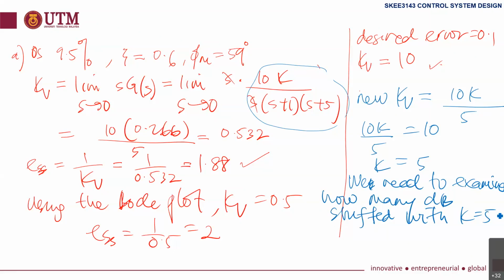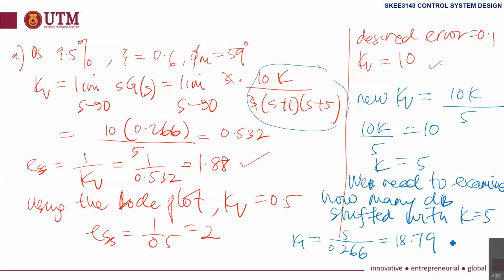But how many dB to be shifted? We divide the new K, 5, over the initial value of K, 0.266, which becomes 18.79. That means using K equal to 5 will shift by 18.79.